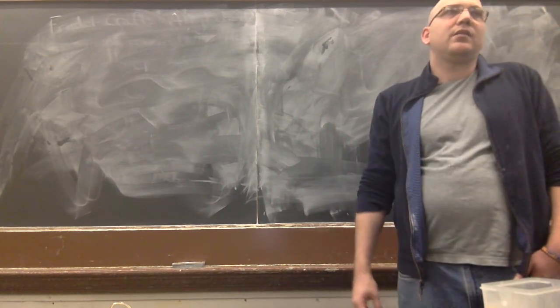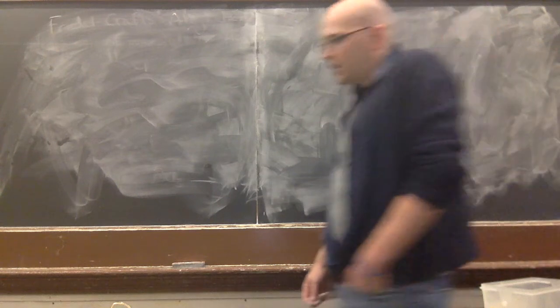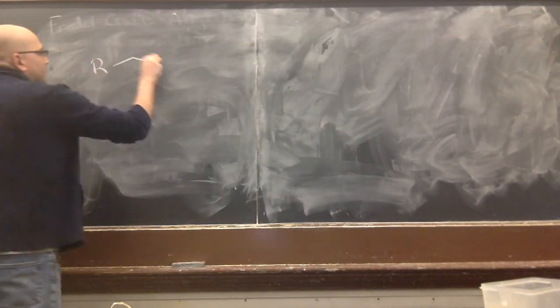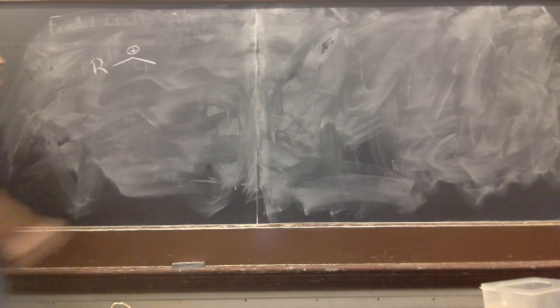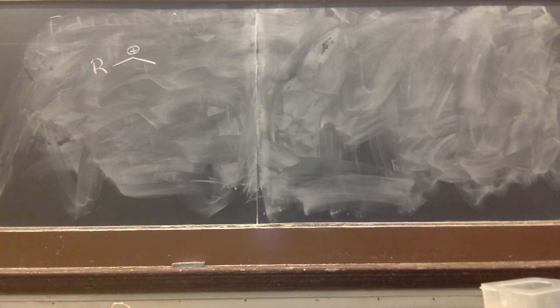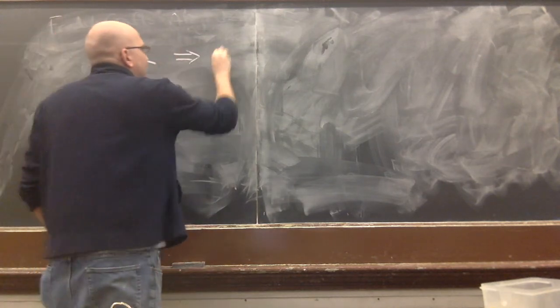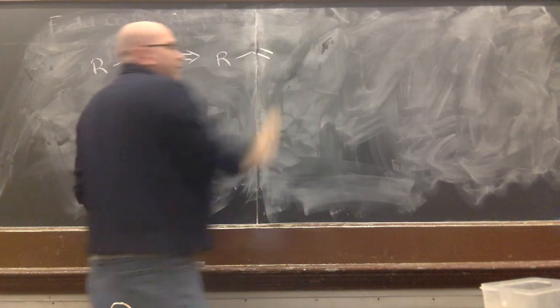If I wanted to generate a cation that looked something like that, maybe with water out there, for example, what might be my starting material that would lead to that cationic species? A pi bond, right? So this would in essence come from a pi bond, in other words, an alkene.